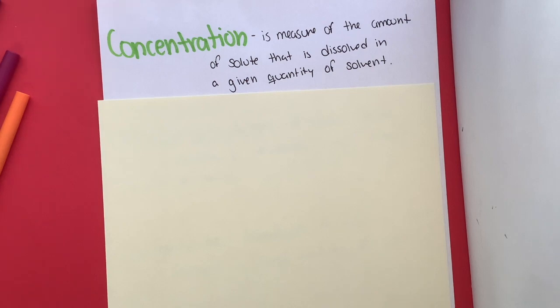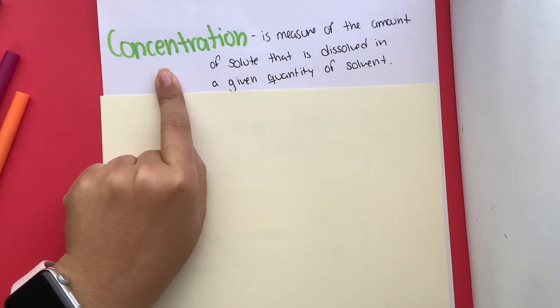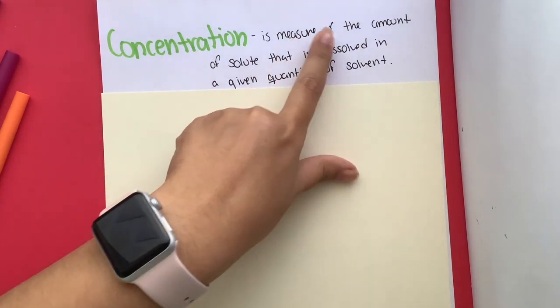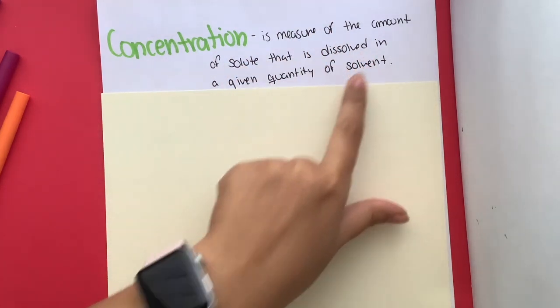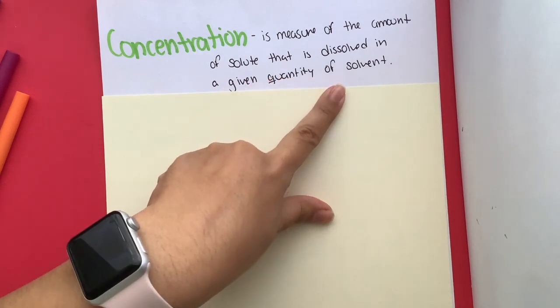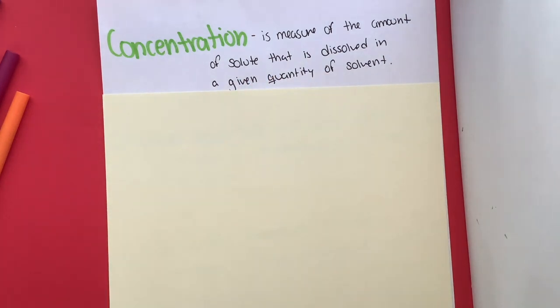Okay, so regardless of what type of solution you have, whether it's saturated, unsaturated, or supersaturated, another important thing that you always have to know is the concentration. This is a measure of the amount of solute that is dissolved in a given quantity of solvent. Concentration basically is how much solute is dissolved in your solvent.